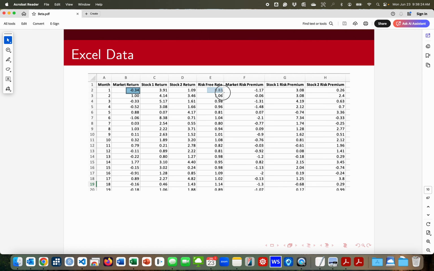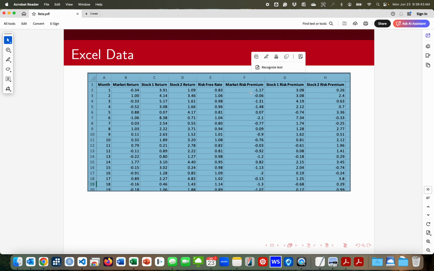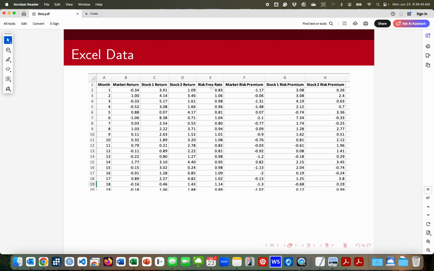Right? So if you take negative 0.34 and you subtract 0.83, again, when you subtract here, this is a negative minus a positive. So we get an even bigger negative number right here. So this negative 1.17. So that's just the market return minus the risk-free rate.